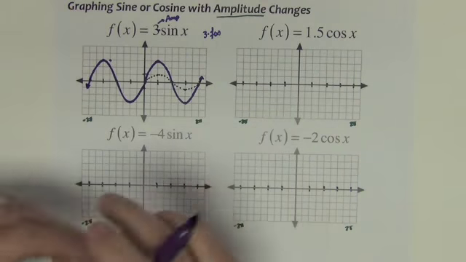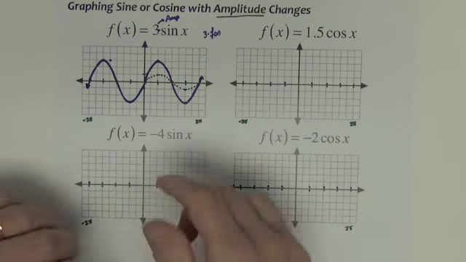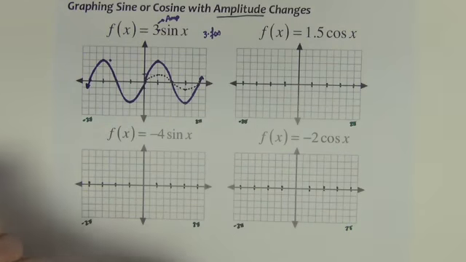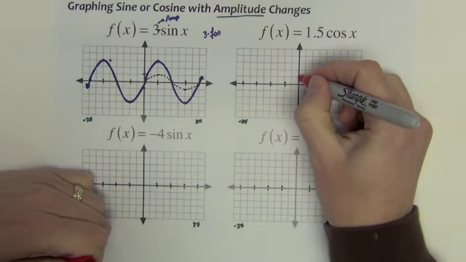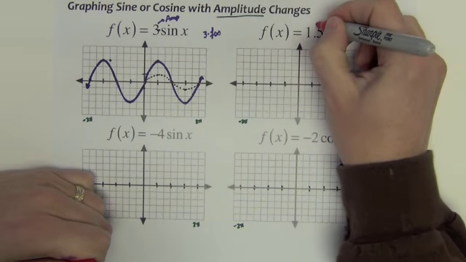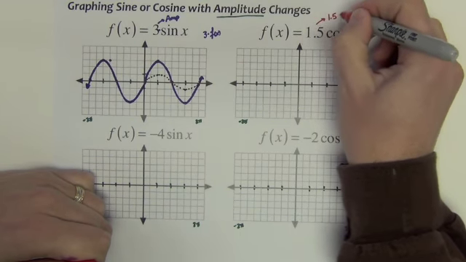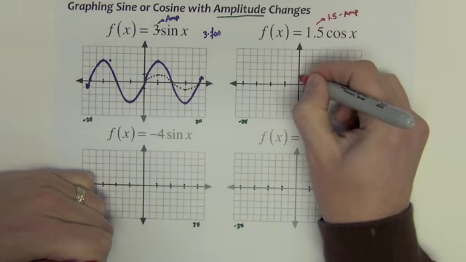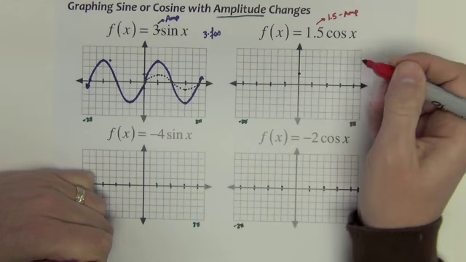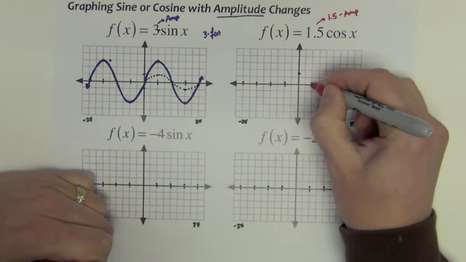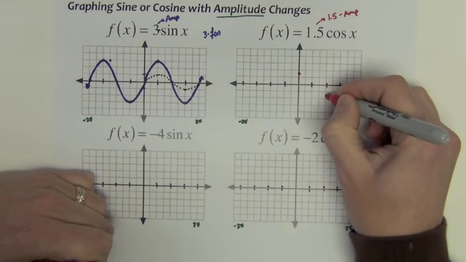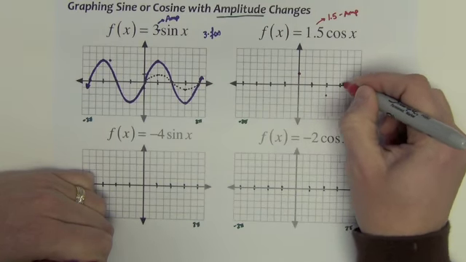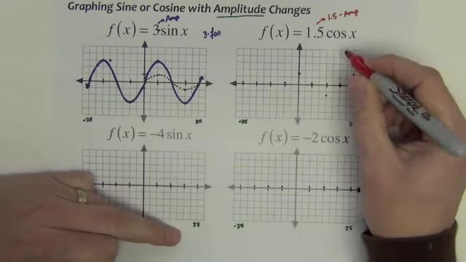Okay, the cosine graph. Let's do it this time without drawing the dotted line, the original graph in there. Cosine normally starts up at 1. Well, this one has an amplitude of 1.5. So instead of starting up 1, it's going to start up 1.5. And then its pattern is that it goes back to 0, and it goes down its amplitude, back to 0, and up its amplitude.